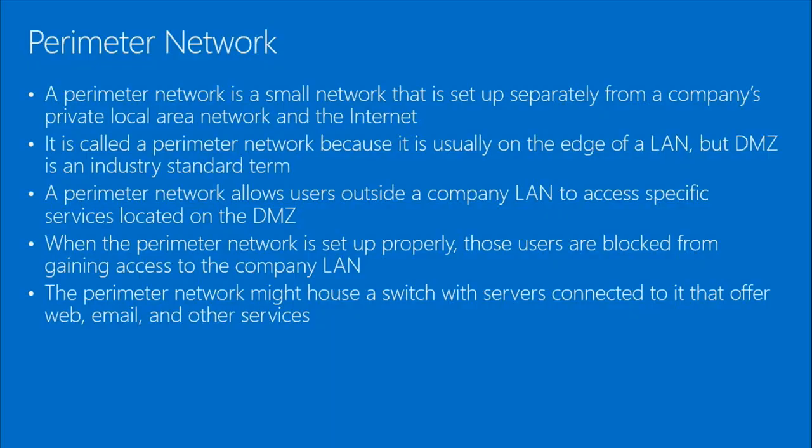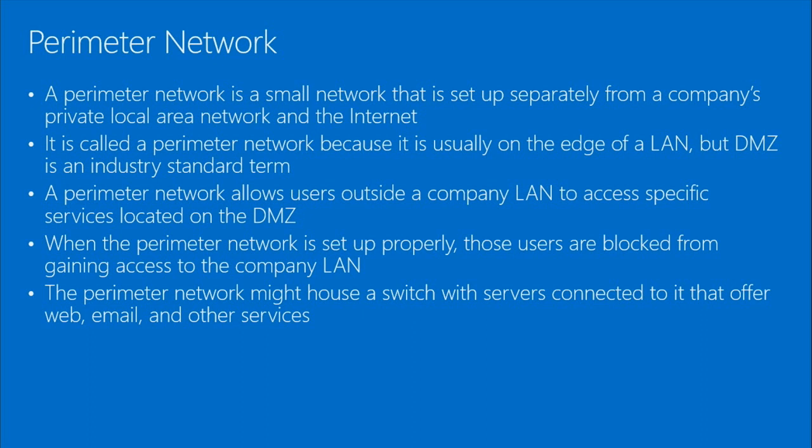Perimeter network. Again, a perimeter network is a small area of your network set aside that's not on the intranet, it's not on the internet, it's segregated and kind of separated from the private network and from the internet. Some people may be familiar with the DMZ terminology.